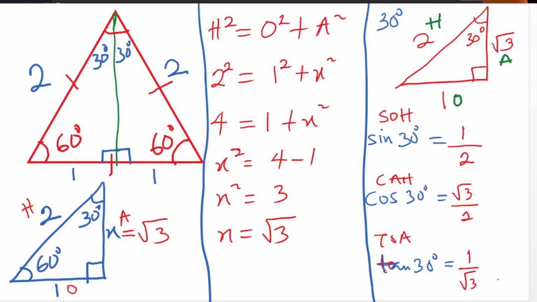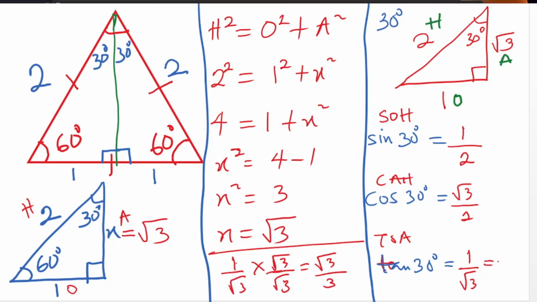So we can't leave it this way; we have to rationalize. That is 1 over root 3 multiplied by root 3 over root 3. So that is root 3 over root 3 times root 3, which is 3. So tan 30 degrees is root 3 over 3. I hope this is very clear to you.